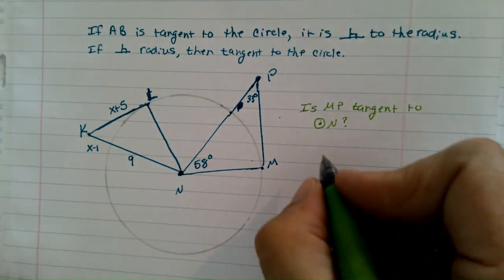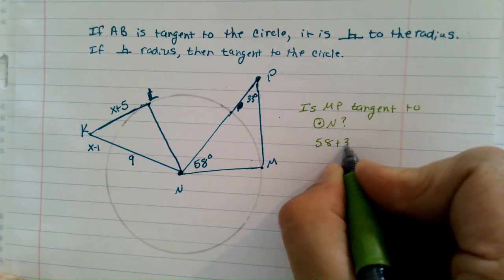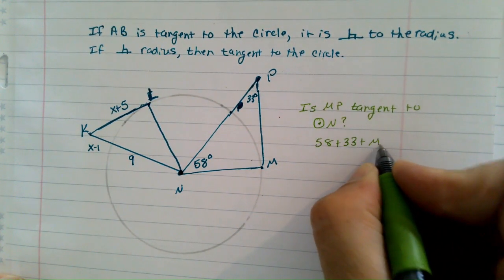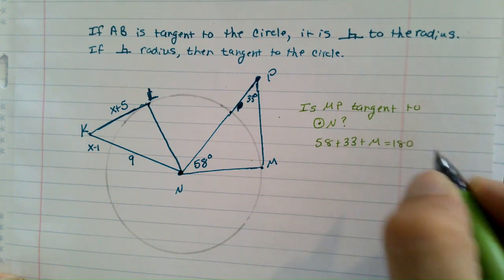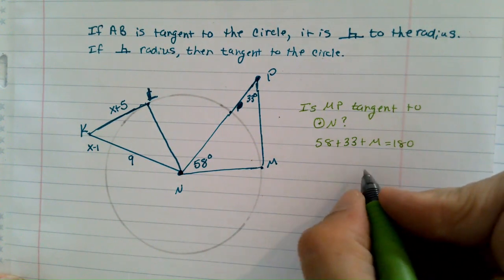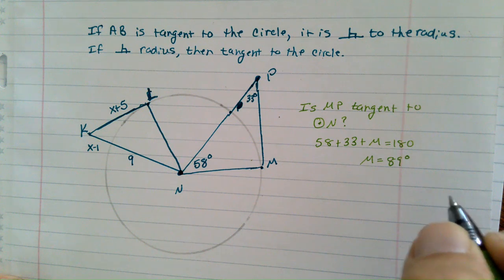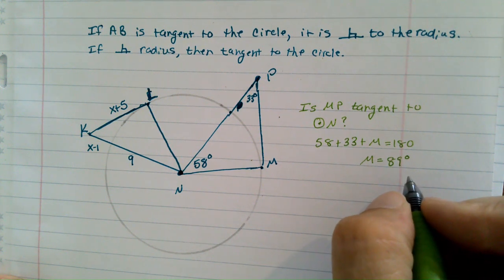Okay, well, let's solve for it. We know 58 plus 33 plus angle M has to equal 180, right? And if I subtract the 58 and the 33 over, I find out that M is 89 degrees. That's not quite 90 degrees.